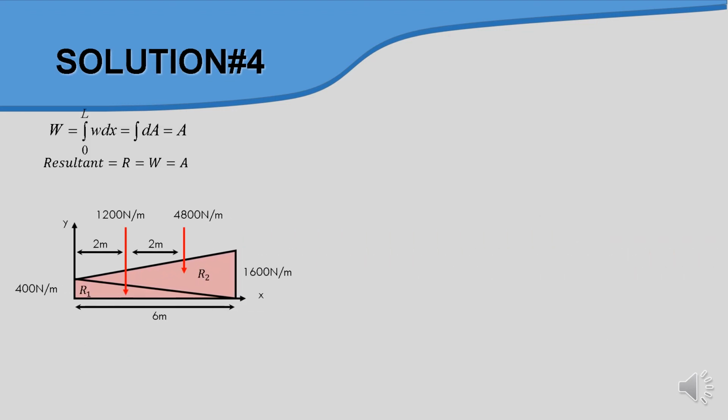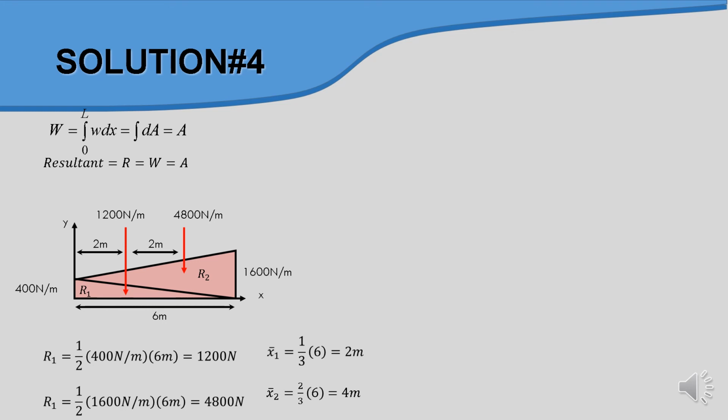Using 2 triangles, we will get R1 and R2. R1 we get from 6 meter multiplied by 400 and divided by 2, and for R2 we have 4800, the same thing. We will also get the values of x bar 1 and x bar 2. For x bar 1 we have 2, and for x bar 2 we have 4.